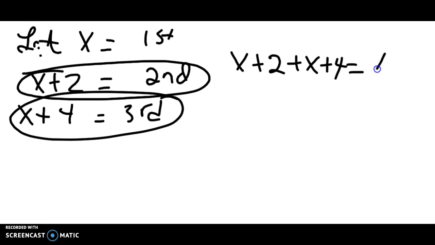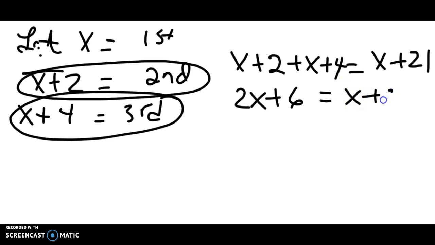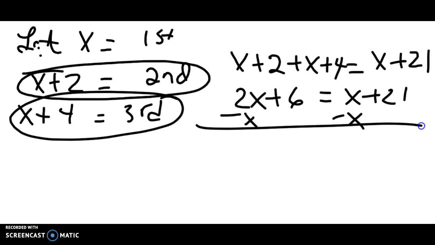Smallest integer is x plus 21. So combine like terms. So you have 2x plus 6 equals x plus 21. We're going to subtract x to get our variables on the same side. And that gives you x plus 6 equals 21. And then we're going to subtract 6 from both sides.